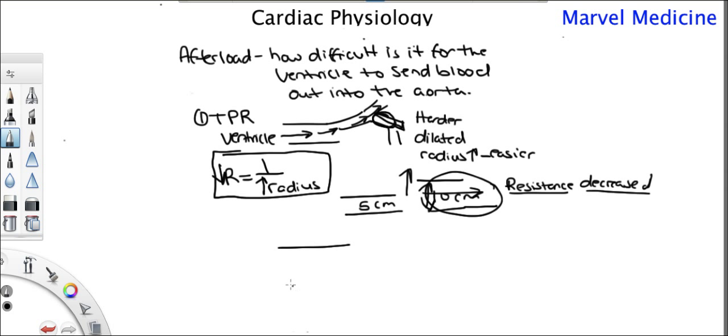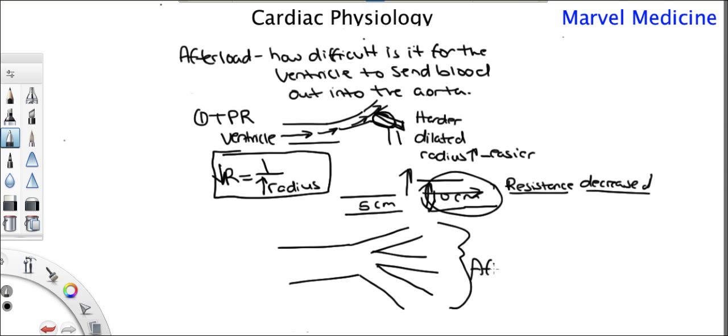Because if you look at one big aorta here, right, and it branches off to different other arteries, okay, the size of these arteries is what makes up the afterload, okay? If these arteries, arterioles, actually, this is a very, very important point.